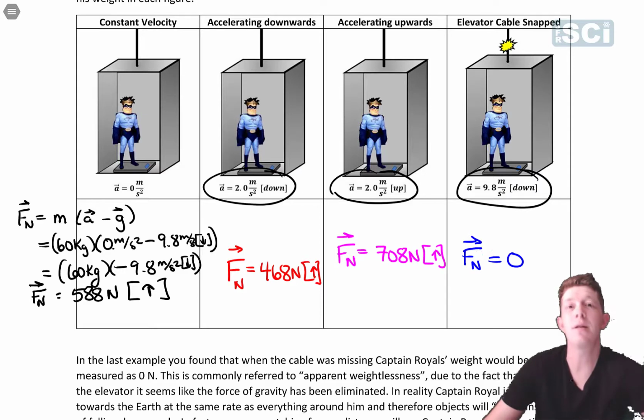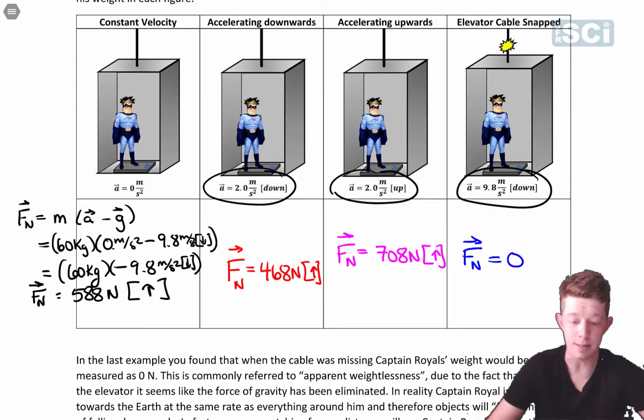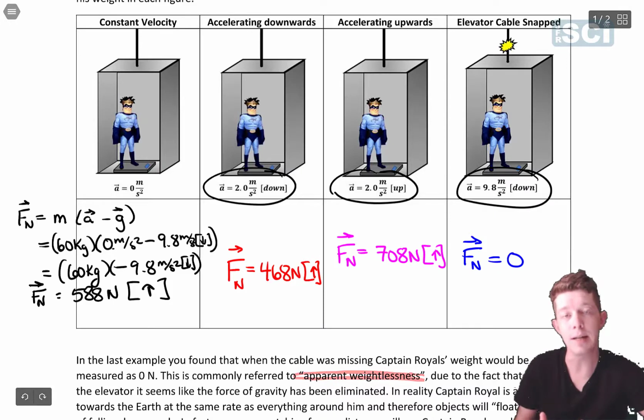So it appears to you that you have a larger weight. Now, in the case where that cable snaps and you're falling downwards at 9.8 meters per second squared, you feel something known as apparent weightlessness.